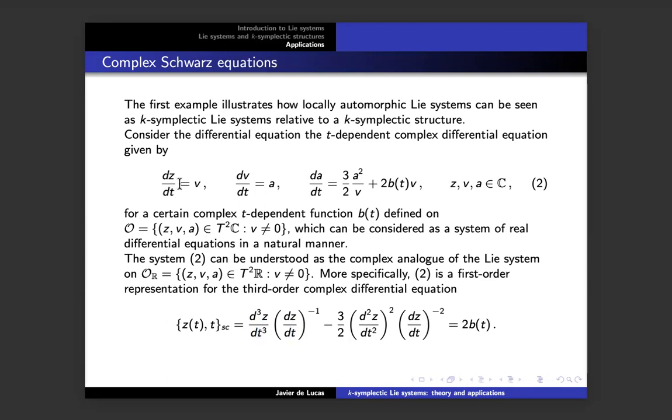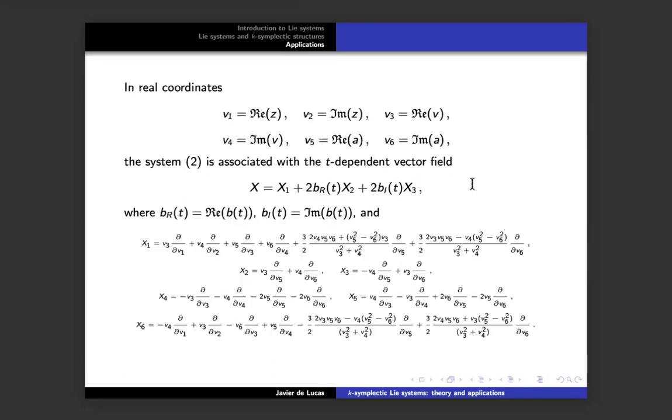So when you write this complex system as a real one, it turns out that it is a Lie system described by a time-dependent vector field of this sort, where b_R is the real part of the function b and b_I is the imaginary part.